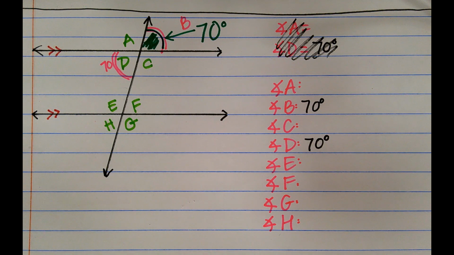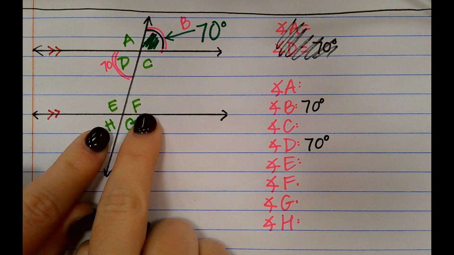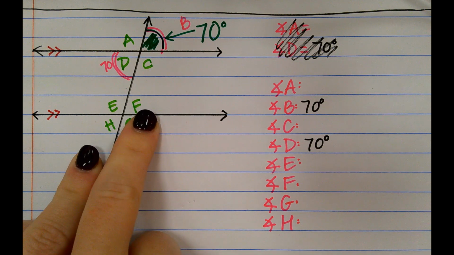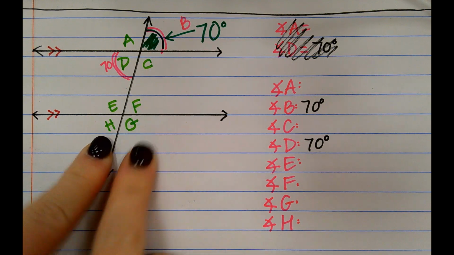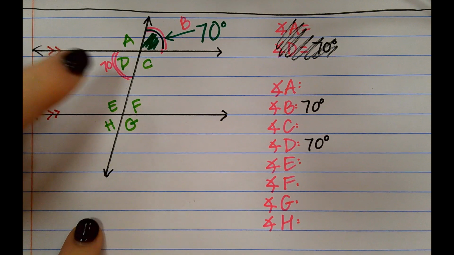With this information, can we know the measure of any other angles? Yes, exactly. And these are the word that we've all been saying, corresponding, because they're in the same positions.